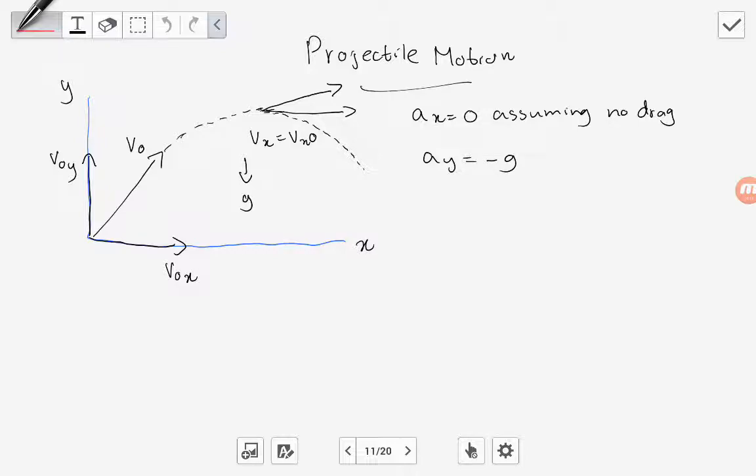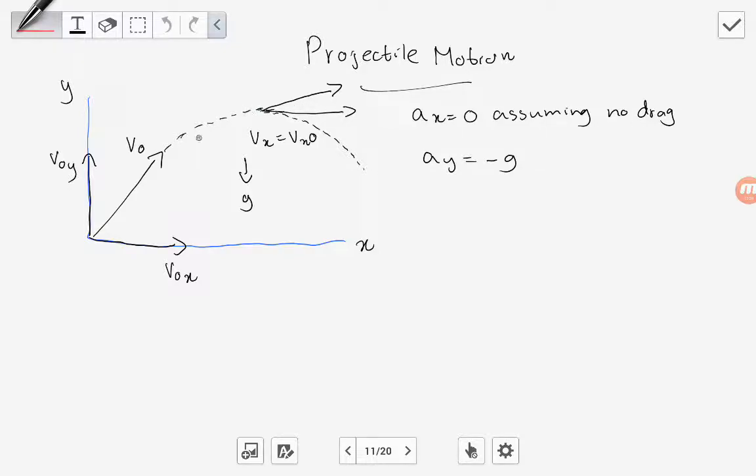Projectile motion over here. This is basic as well. Just make sure you remember there's no acceleration horizontally unless given.